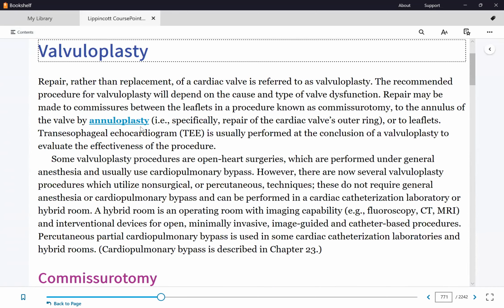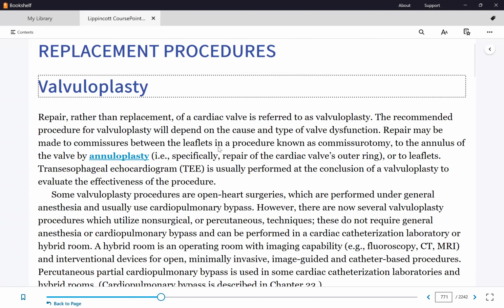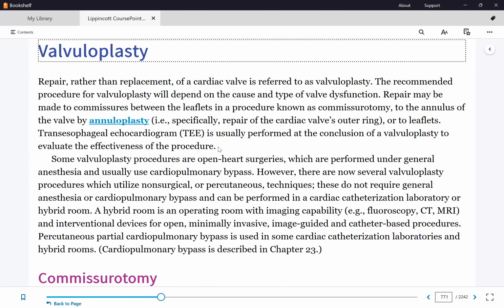What did we say again? After this procedure, what will the patient require? Because now they have a repaired heart valve. So what are they at risk for? Specify. What did we talk about on the first?